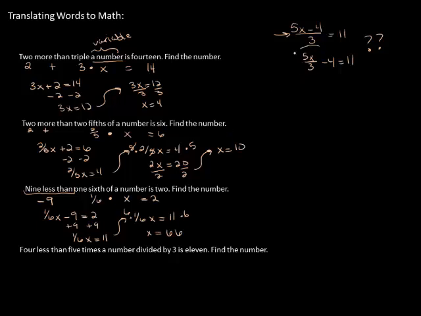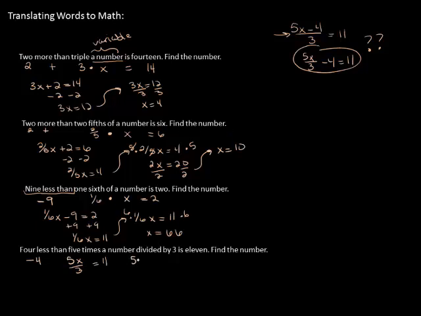We're going to look at it this way because of the way it's worded. It's 4 less than 5 times a number, 5 times a number divided by 3. So we have 4 less than 5 times a number divided by 3 is equal to 11.